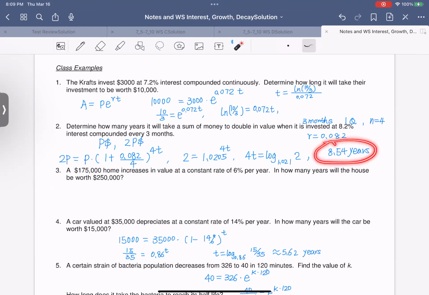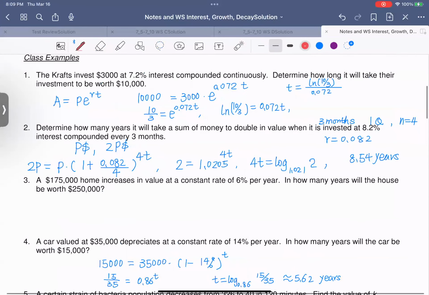But if you want to get your money double with such a good interest rate, it takes 8 years. But I tell you, there's no bank that gives you such a high rate. Most banks just give you 4 percent. So you can calculate: if it's 4 percent, how many years does it take? It's an interesting question.